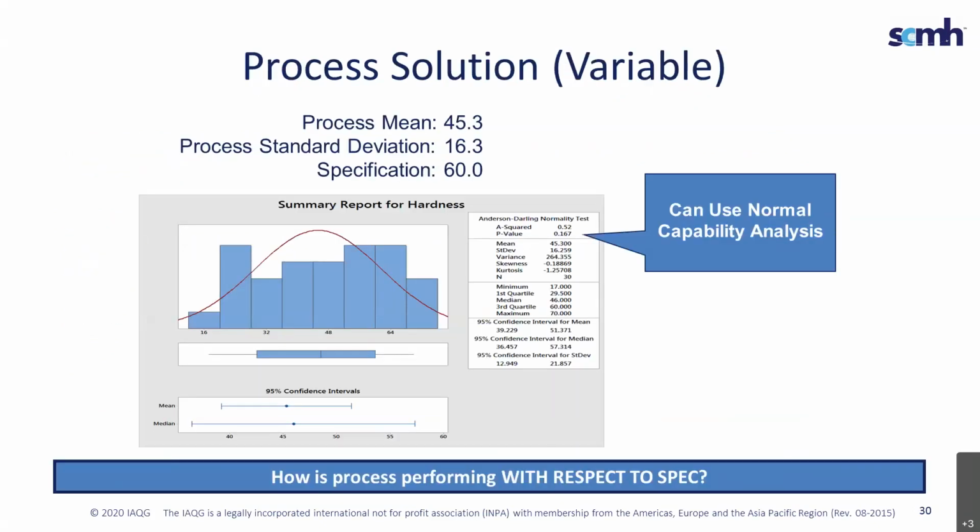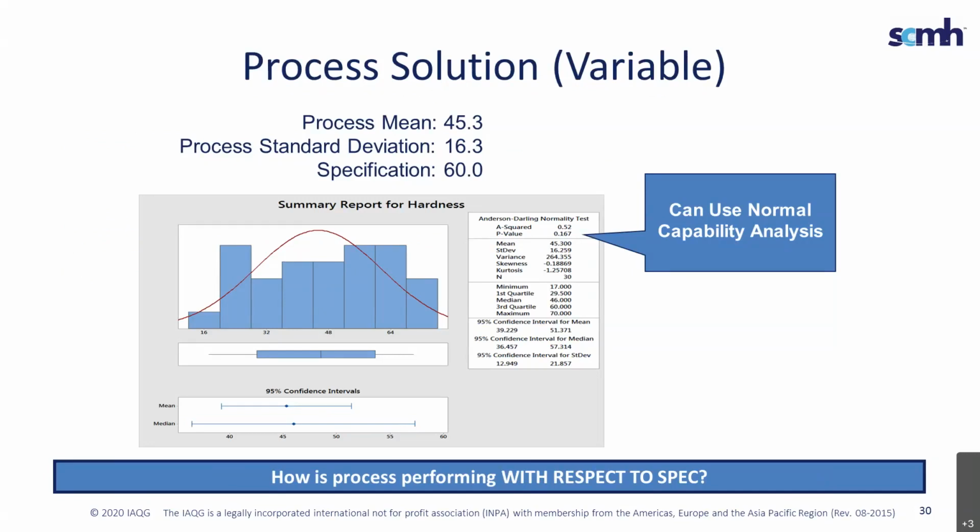You can do this either in a statistical software package or even Excel, and calculate a couple of key elements of process capability. The first is the mean, which in this case is 45.3, and the standard deviation, which is 16.3. Then, given the one-sided spec of 60, we can use that information to calculate our process capability.